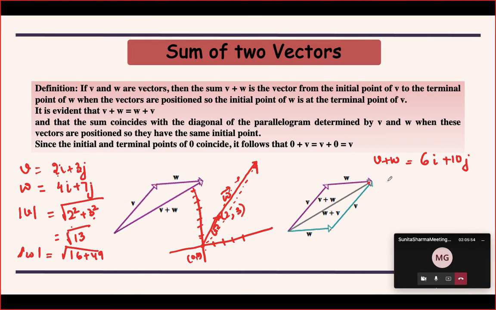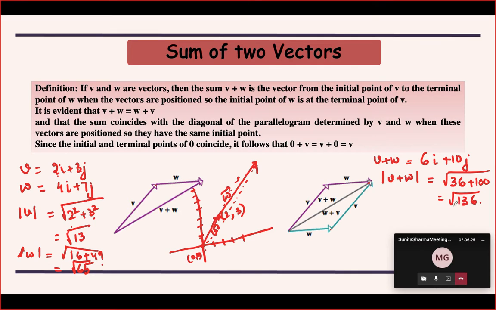And if you want to see the magnitude of this, you will again use the distance formula: square root of 6 square plus 10 square, and here you get root of 65. So these are the individual lengths, and this is the length of the sum.